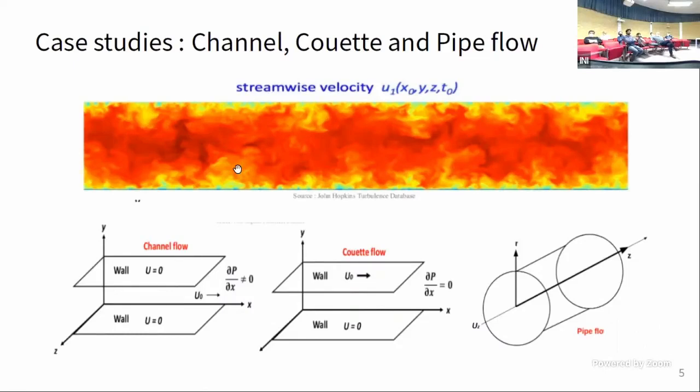So for example, from wall to wall, the height is 2h, twice the h, and for the one-sided model, you only look at the center line. And if I convert into wall units, then at the center line it is Re_tau, and wall to wall, the domain is 0 to 2 Re_tau. Re_tau implies it's a friction Reynolds number.